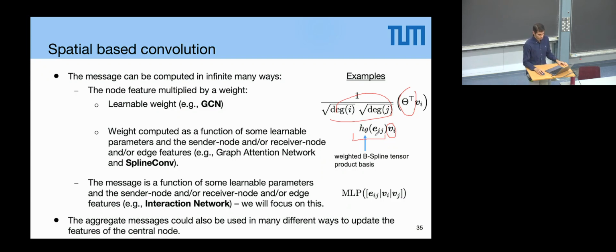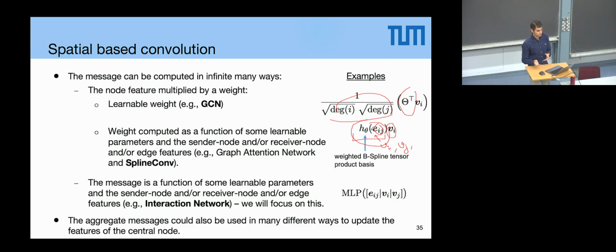This could take as input the features of the sender node, all the features of the receiver node, and the features of the edge connected to them, which is what we have here. This feature could be, for instance, a vector indicating the relative position from the central node to the neighboring node. And this function could be, for instance, an MLP.